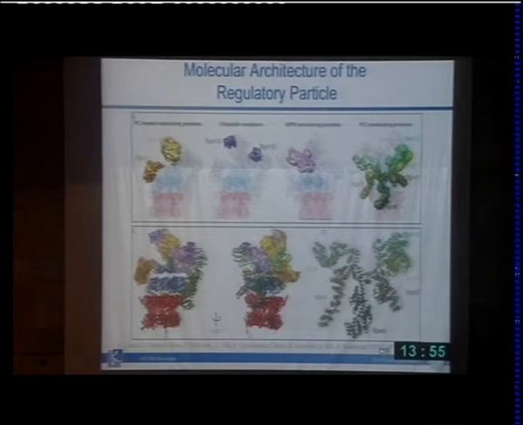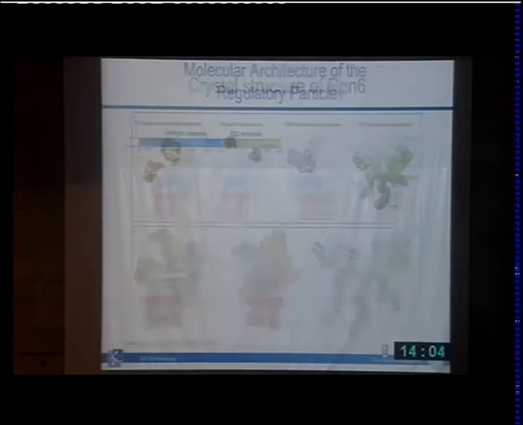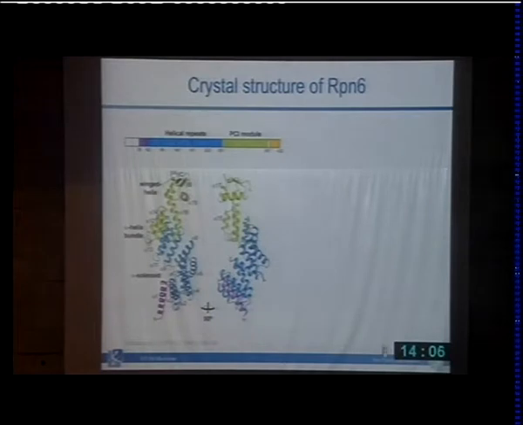For the PCI domain ones, we already suggested at the time a quasi or pseudo-atomic model here, because we had obtained in the meantime a crystal structure of RPN6, which we could also use as a template. Also, as you see here, RPN6, like all the other PCI domain subunits, is almost completely alpha helical.